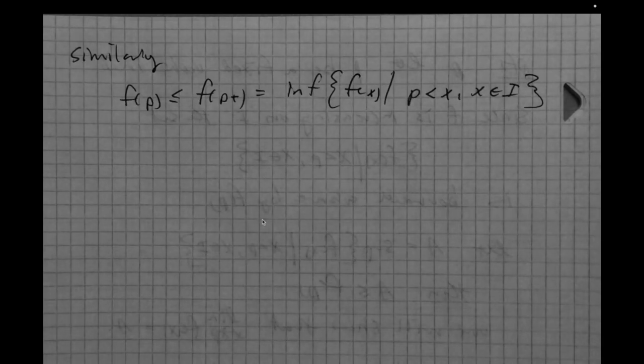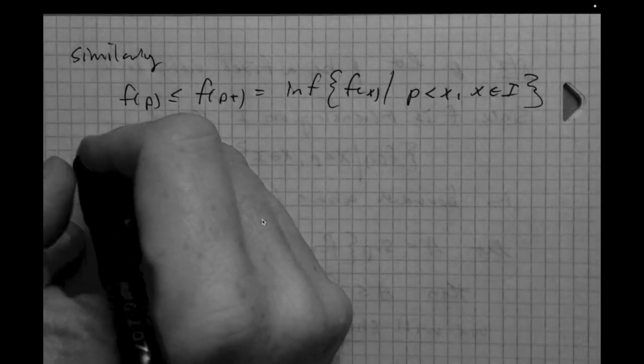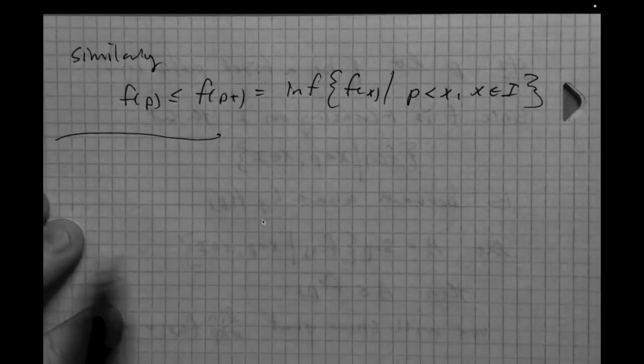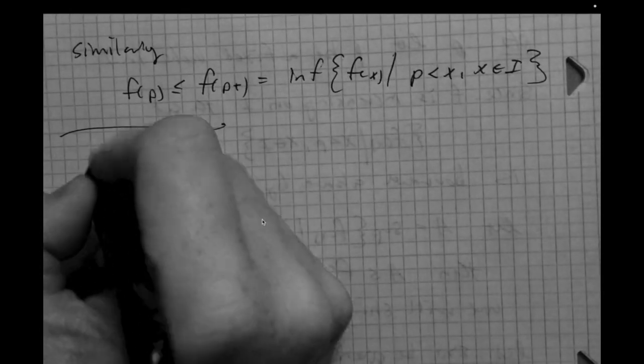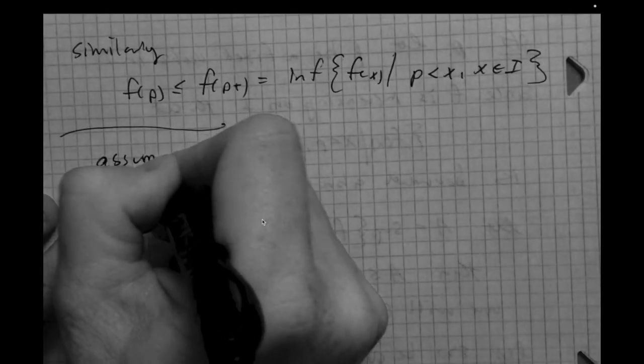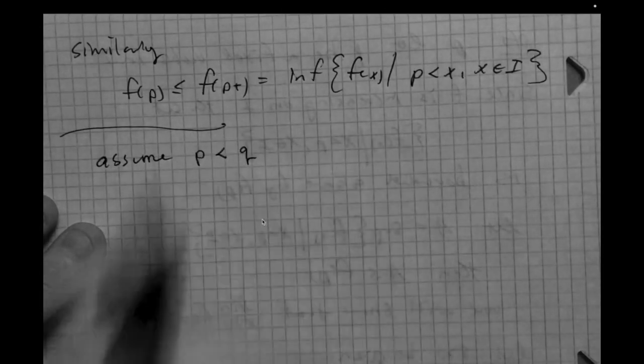All right, now what about the p and q business, like the last statement? Okay, so that's the first big inequality. And what about the p and q? So let's assume you've got some p less than q. Then what do you have here?